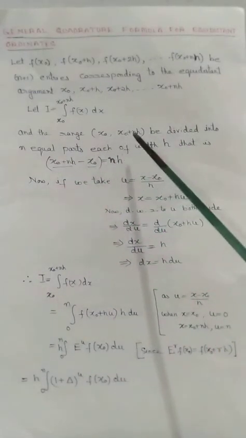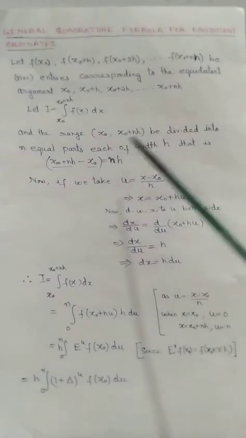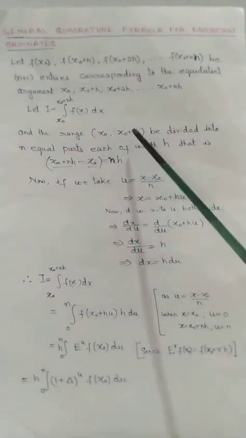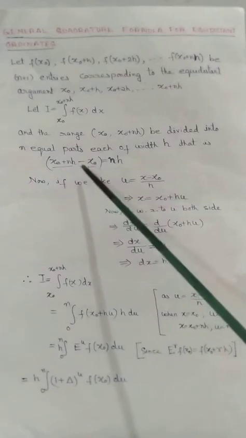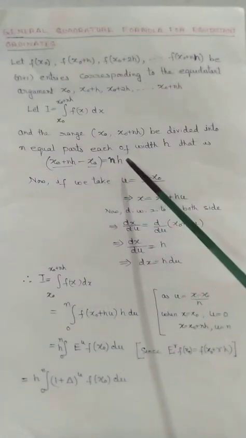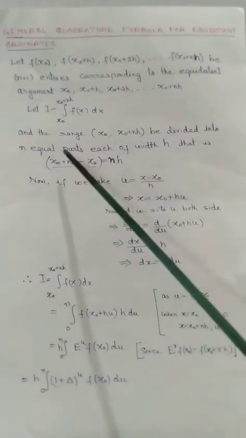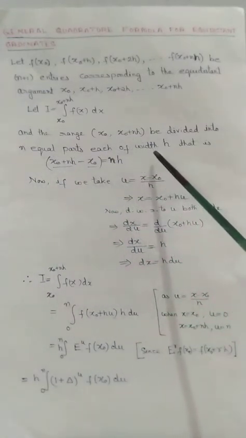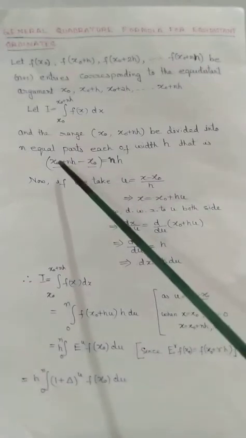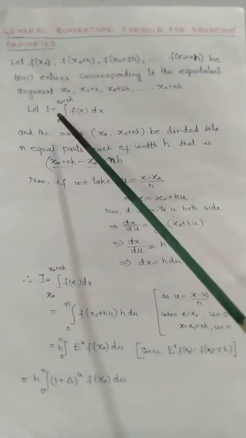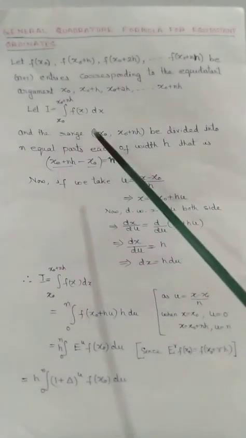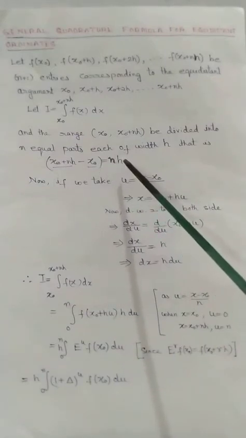The range is the difference of these two limits, upper limit minus lower limit, which will be nh. That means the range is divided into n equal parts, each of width h.